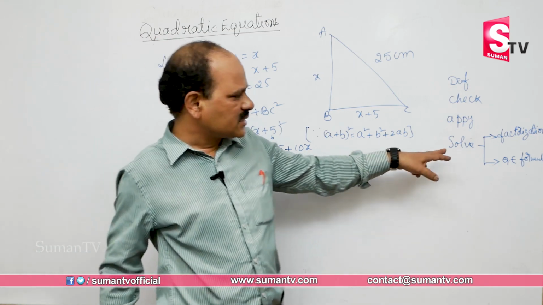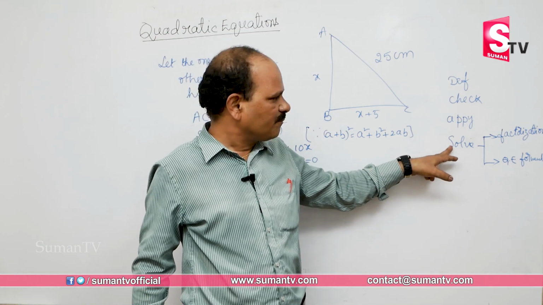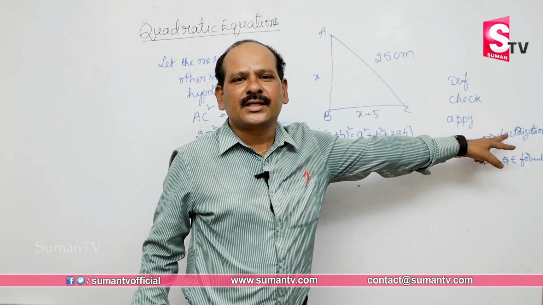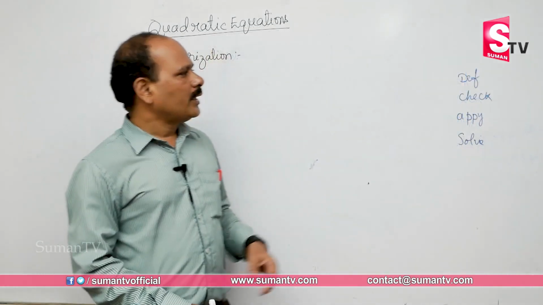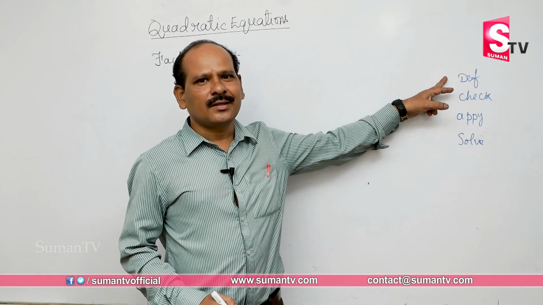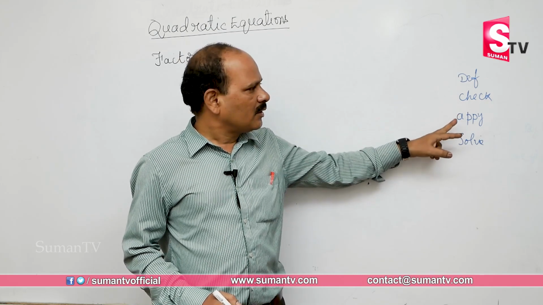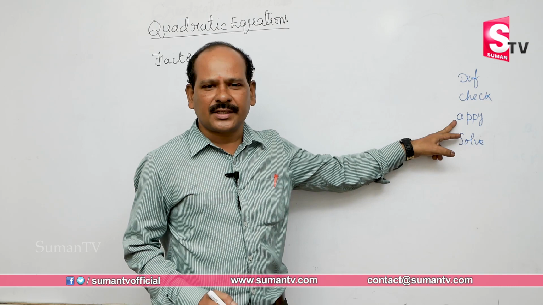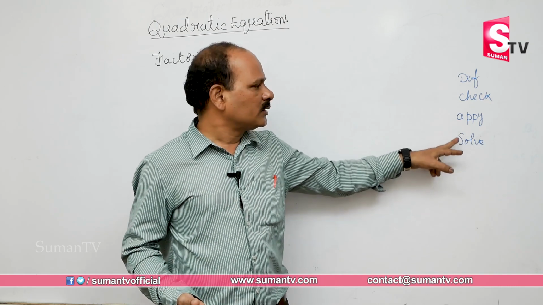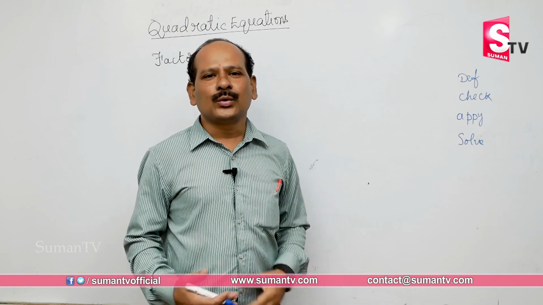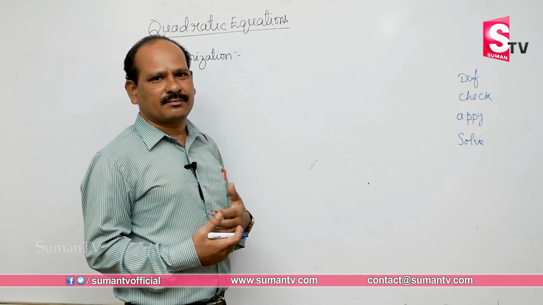Now let us discuss how to solve a quadratic equation by using the factorization method. We learned the definition of the quadratic equation, how to check a quadratic equation, and where we apply this quadratic equation in our real life situations. Now the final topic is how to solve a quadratic equation.